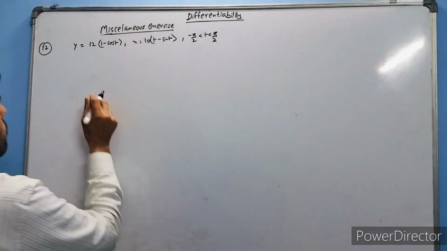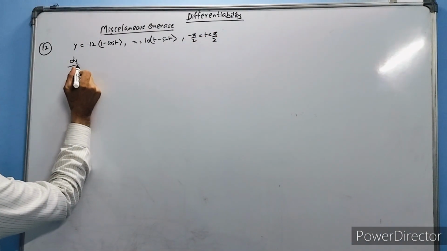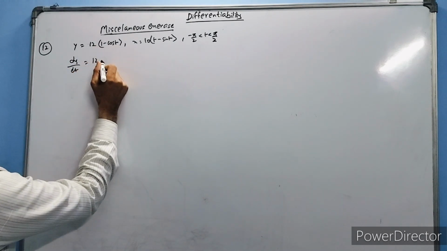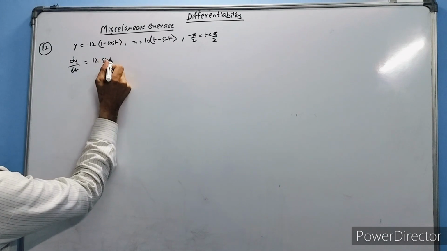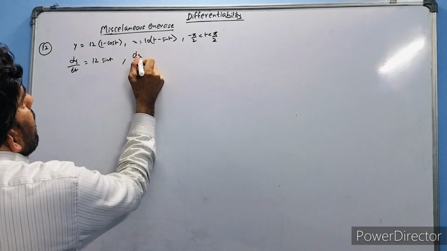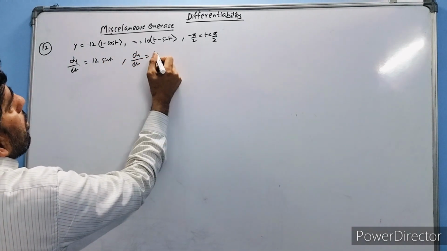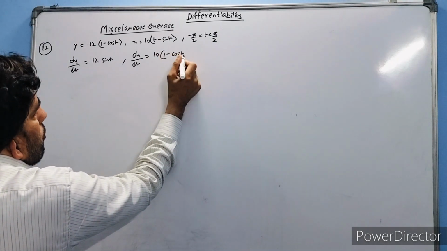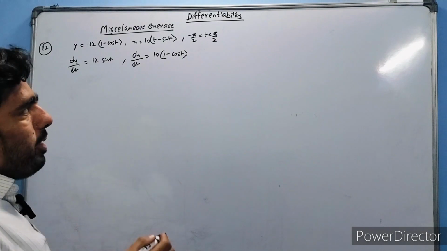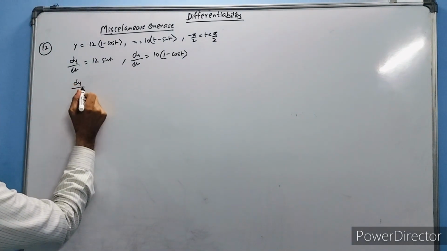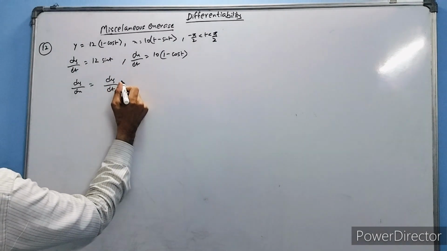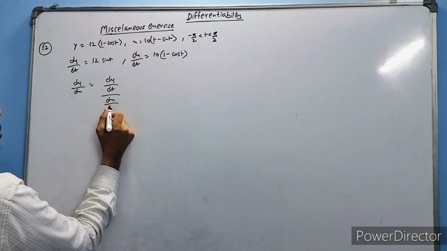First we'll calculate dy upon dt. It will be 12 into the derivative of 1 minus cos t, which is sin t. And dx upon dt, we leave 10 outside, so we have 1 minus cos t here. Now dy upon dx will be dy upon dt upon dx upon dt.